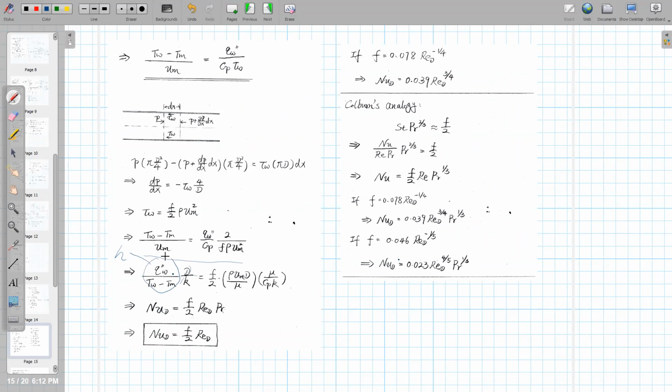HD over K is the Nusselt number. And on the right hand side, you can regroup it. This will be the Reynolds number, and this will be the Prandtl number. So what's the result?